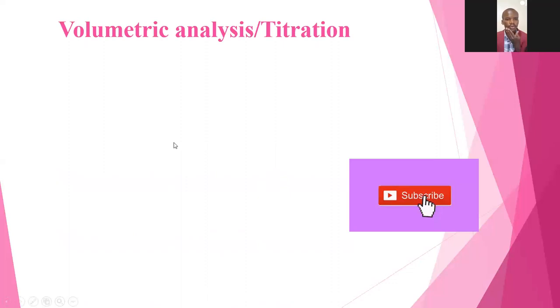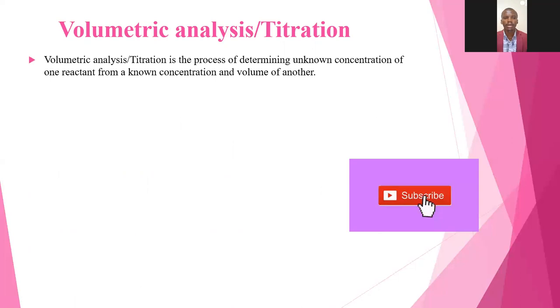The topic for today, as I've said, is volumetric analysis, and we can also call it titration. Titration is the process of determining an unknown concentration of one reactant from a known concentration and a volume of another.